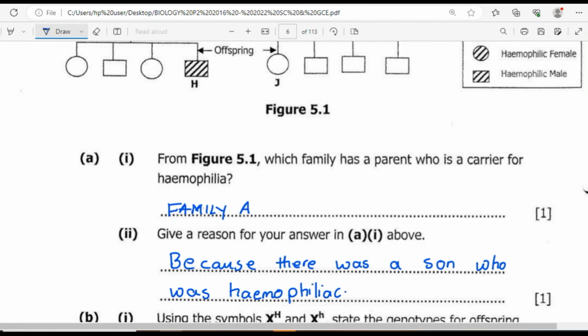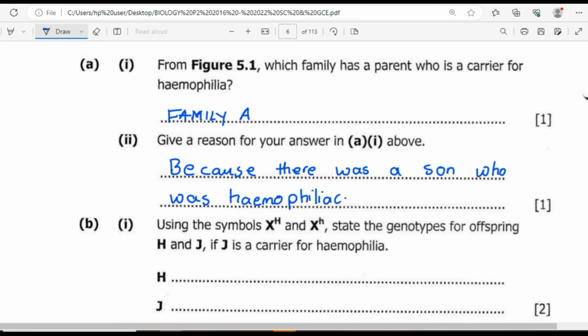Under pedigree, whether given a key or not, whenever the box is shaded, that individual is sick. If it's not shaded, then he is okay.